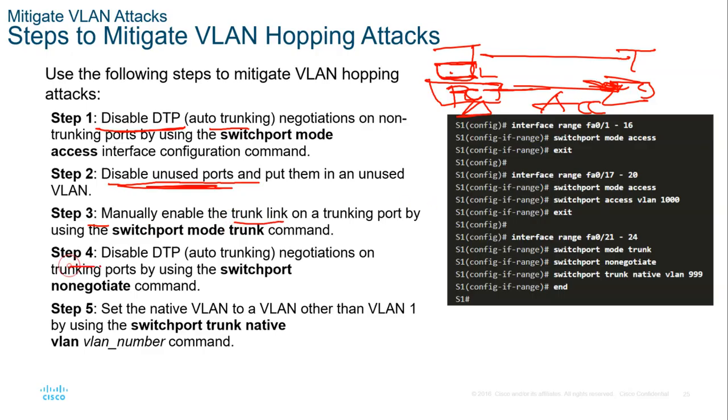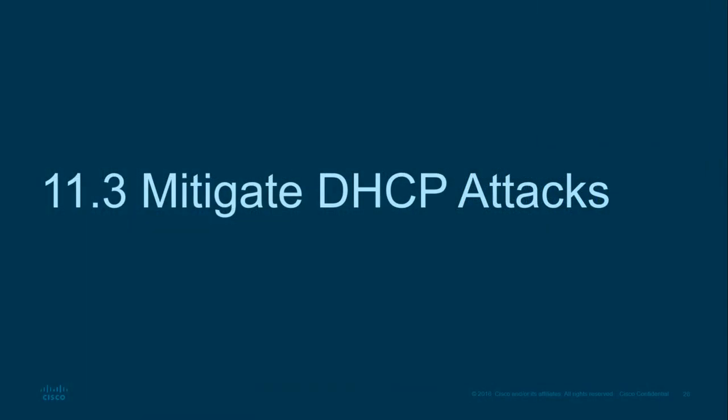Step number 4, disable dynamic trunking auto negotiation. Then step number 5, set the native VLAN to something other than VLAN 1. So to avoid double VLAN tagging, you can use any other VLAN that can't be traced. So those are the 5 steps.